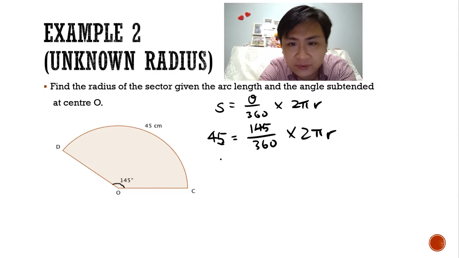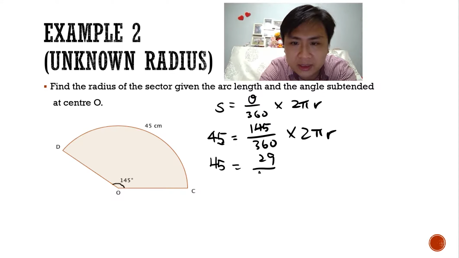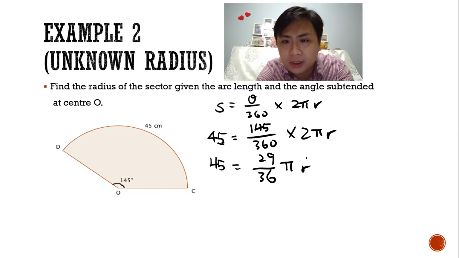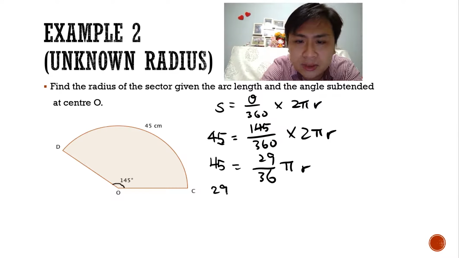So 45 will be equals to 29 out of 36 pi r. Okay, so if we want to visualize this clearer, we can flip the sides around. So now 29 out of 36 pi r will be equals to 45.